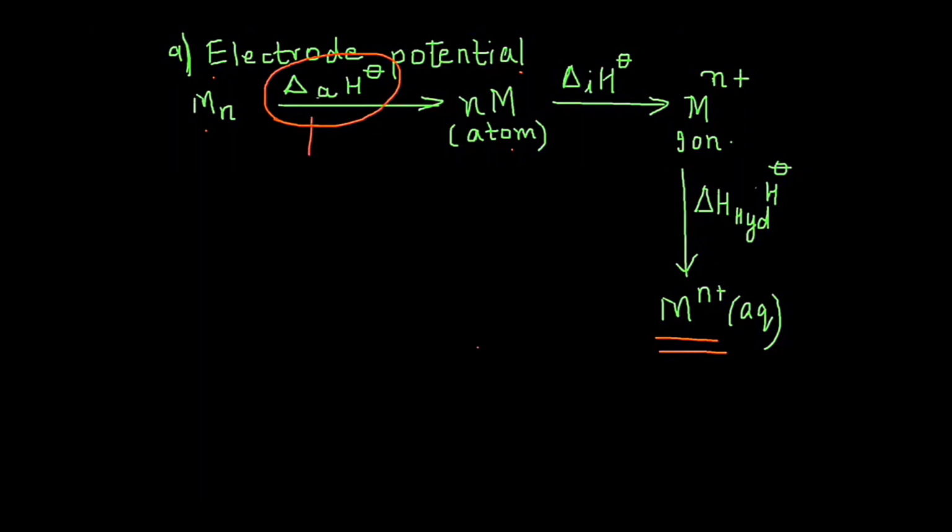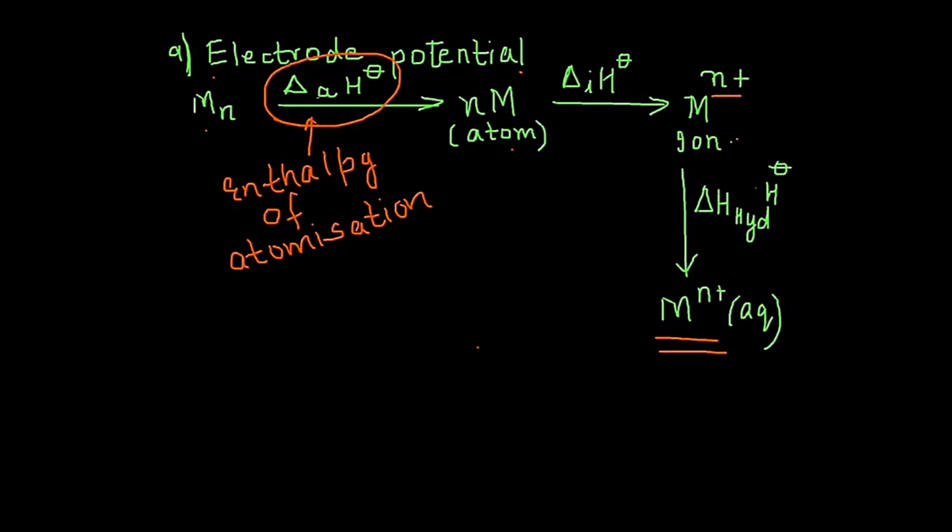The standard enthalpy of atomization, or in some places you will also find it written as enthalpy of sublimation, right? So you can write it as per your curriculum, whatever is mentioned, right? So enthalpy of atomization.